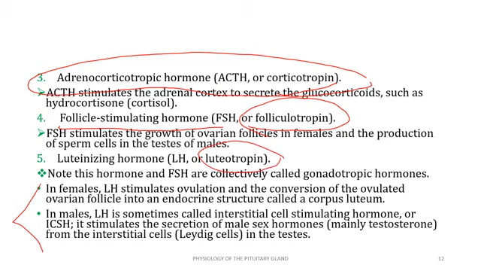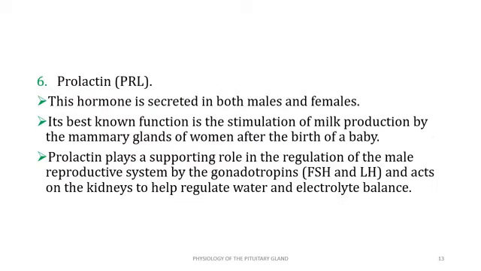The effect of luteinizing hormone in female is the conversion of the ovarian follicle into a structure known as corpus luteum after ovulation. And the effect of luteinizing hormone in male is to stimulate the interstitial cells to produce sperm and sex hormone.